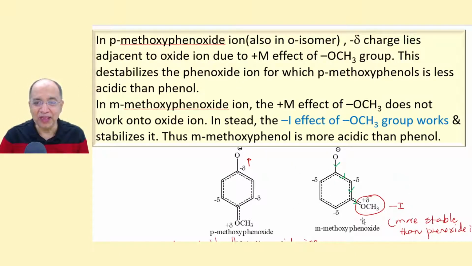Now coming to meta, just in advance I am saying, supposing we have a metamethoxyphenol. When it remains in the meta position, the resonance does not work because it is bypassed. OCH3, the ortho are these two positions and para this position, so no resonance structure is found where a negative charge minus delta remains adjacent to the oxide ion.